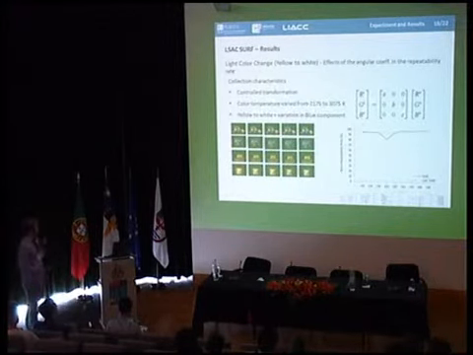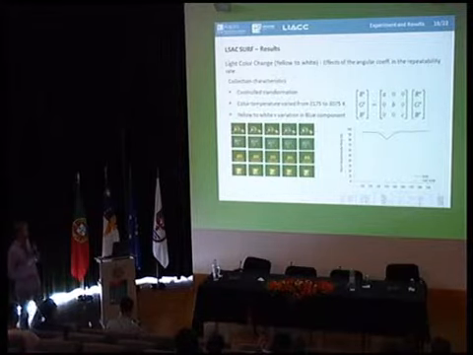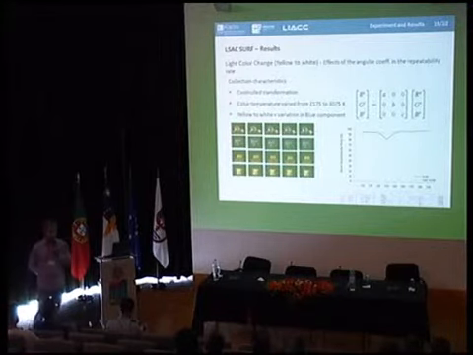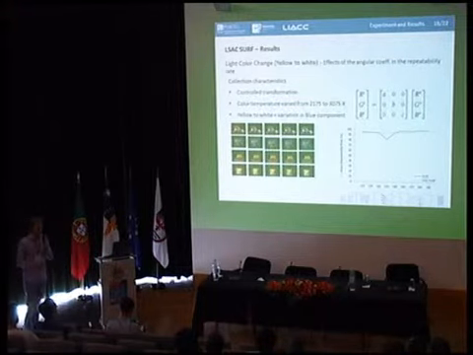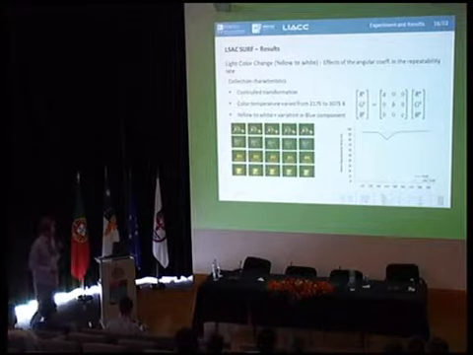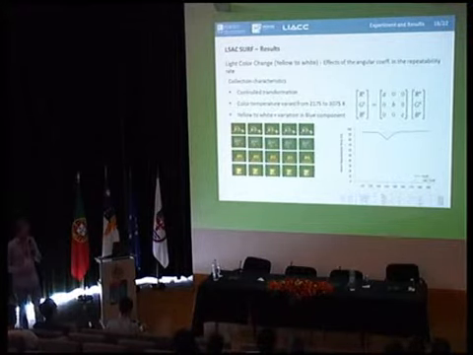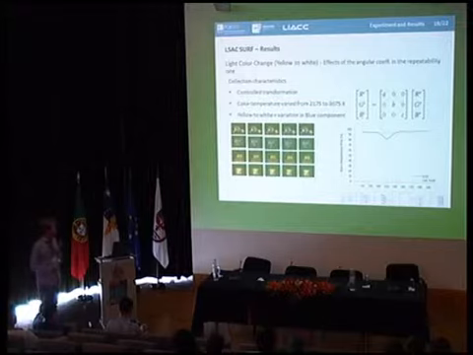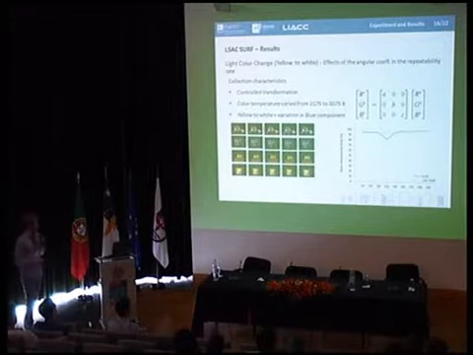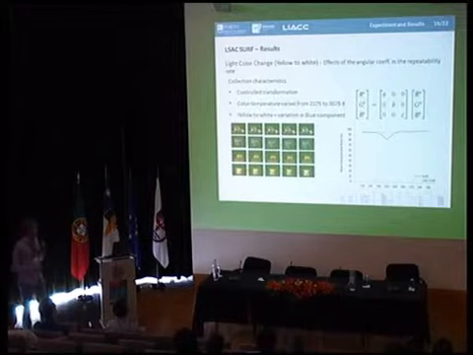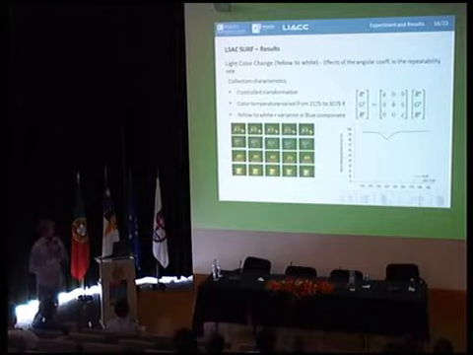In this third experiment, we wanted to evaluate the effects of color light changes in the repeatability rate, and for that we used a dataset in which the voltage of the illumination lamps was varied, producing variations in the color temperature from 2175 to 3075 Kelvin.